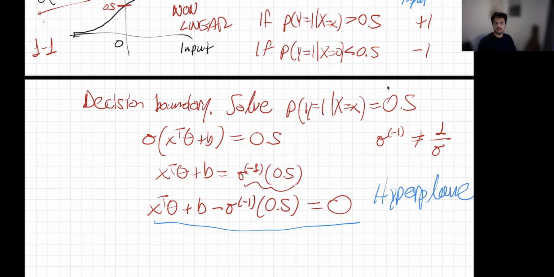So the math should convince us of what's in between the two classes. We said if we're above half, we're in the +1 decision region. When we're less than half, we're in the -1 decision region, right?